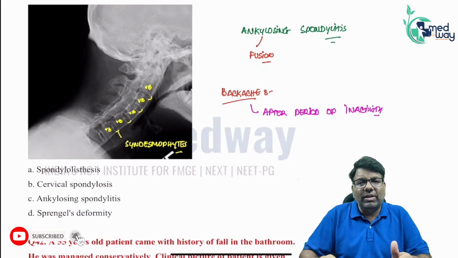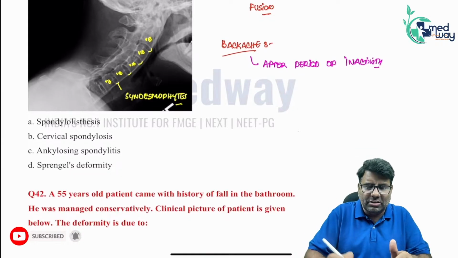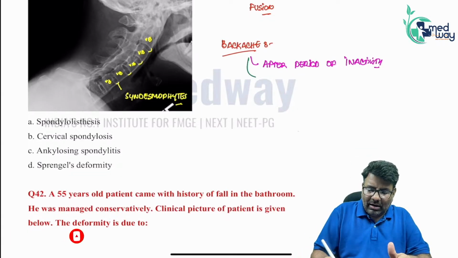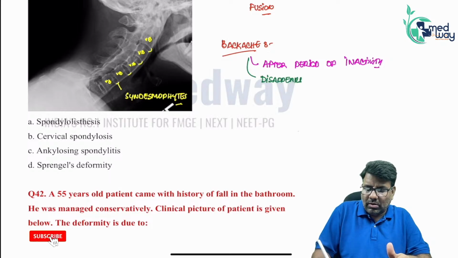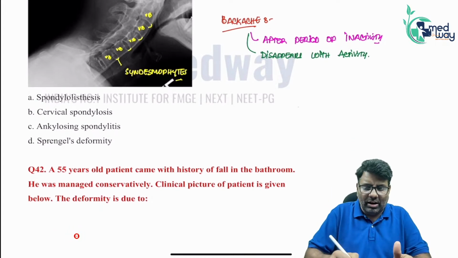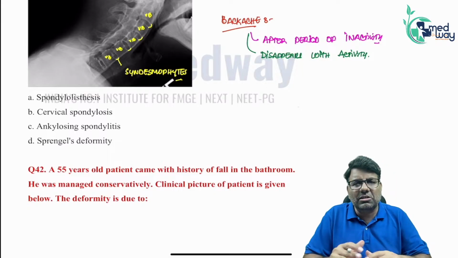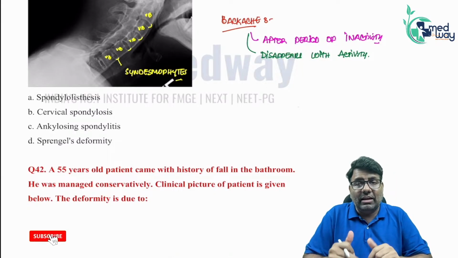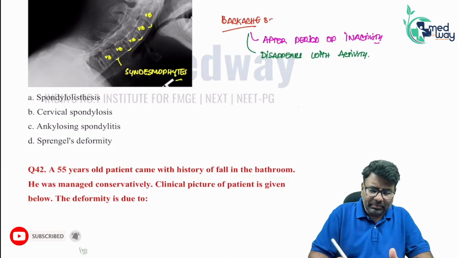When the patient gets up in the morning, he will have very severe backache, and it disappears with activity. As the person is involved in day-to-day activity, the pain goes away. That is one of the classical presentations of backache in ankylosing spondylitis.